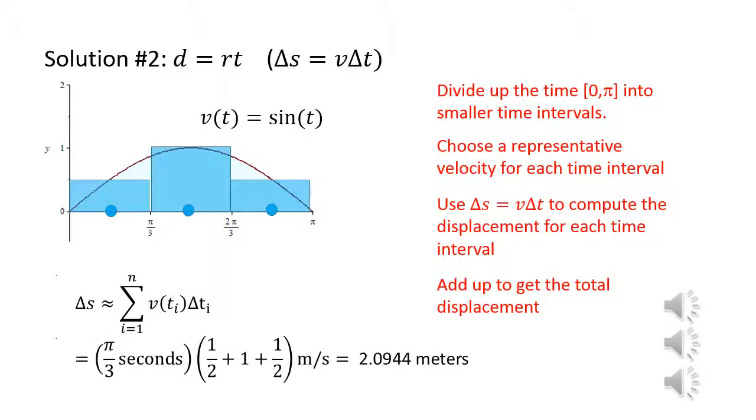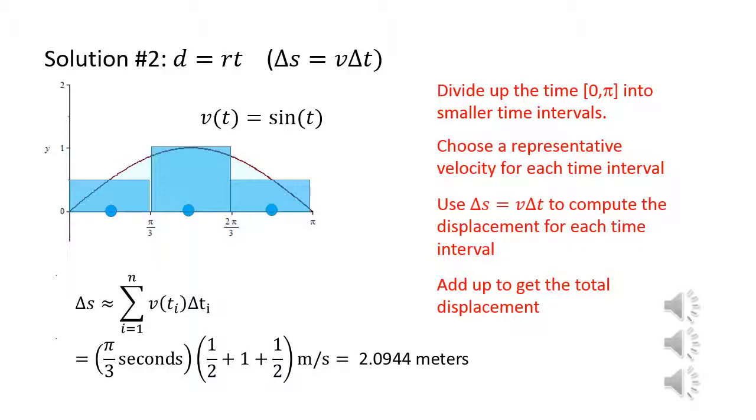So if we choose the midpoint method, for example, then we get that delta s is equal to pi over 3 times (1/2 plus 1 plus 1/2), which is 2.0944 meters. So the Riemann sum, the area, actually computes the displacement. That is a remarkable thing.